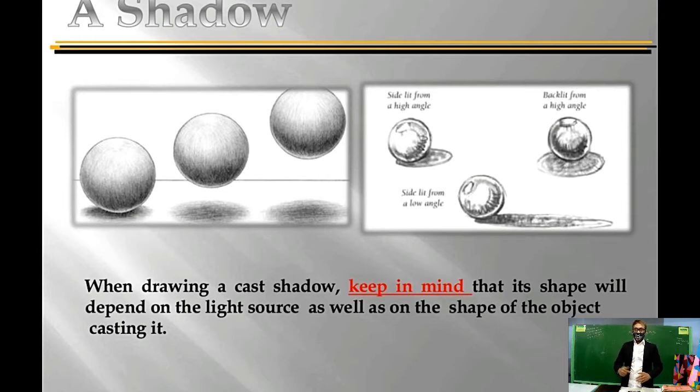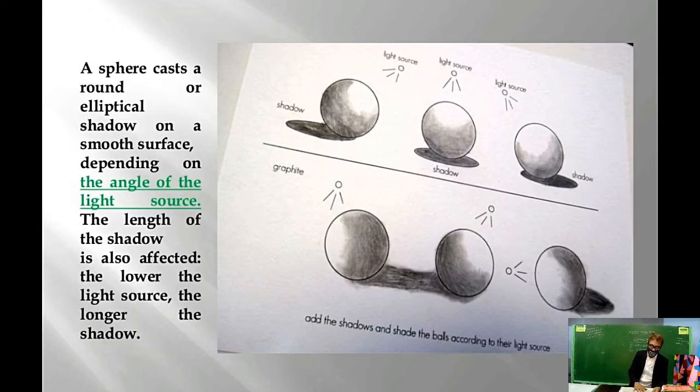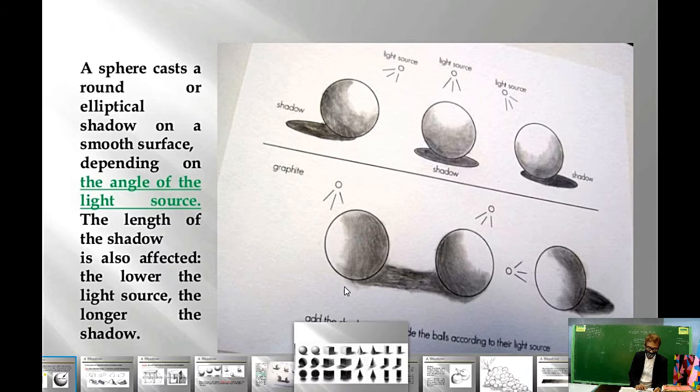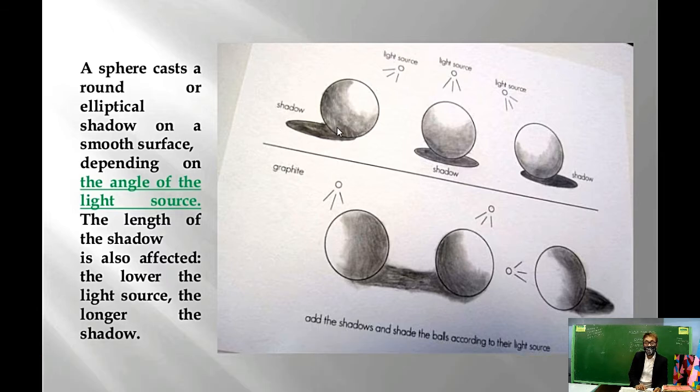When drawing a cast shadow, keep in mind that its shape will depend on the light source as well as on the shape of the object casting it. A sphere casts a round or elliptical shadow on a smooth surface. Notice the shadow here, it is elliptical, depending on the angle of the sunlight or the source of light.